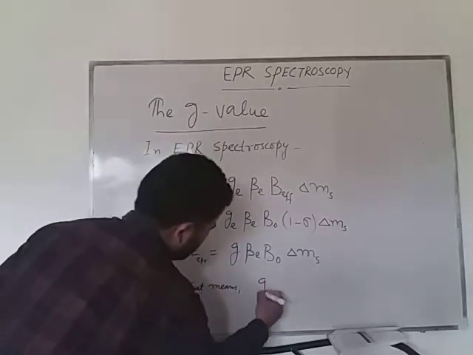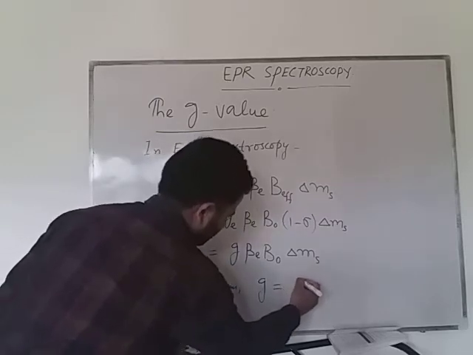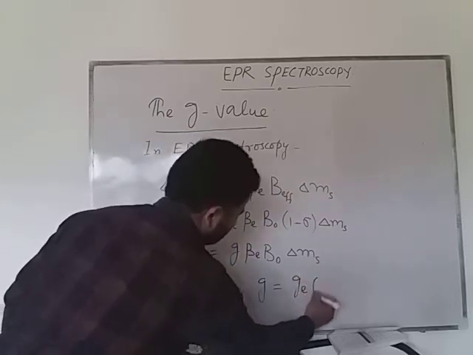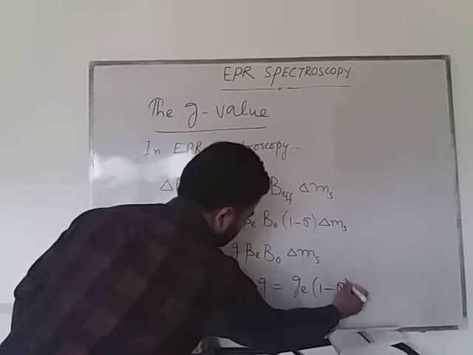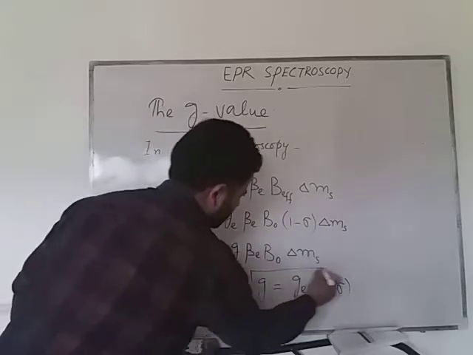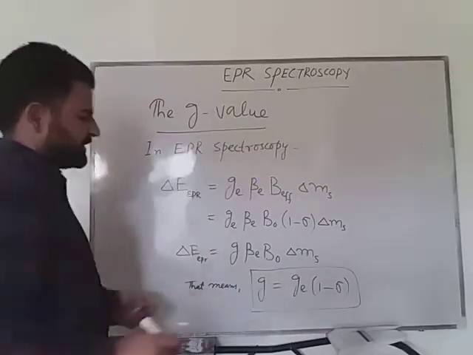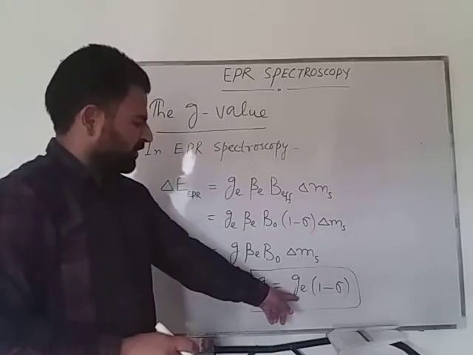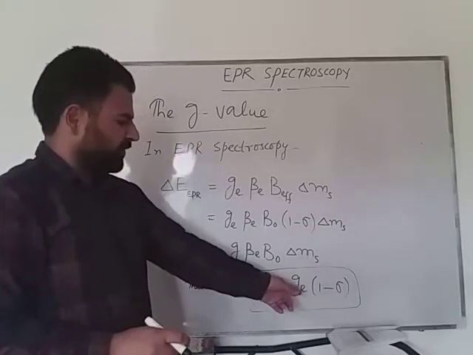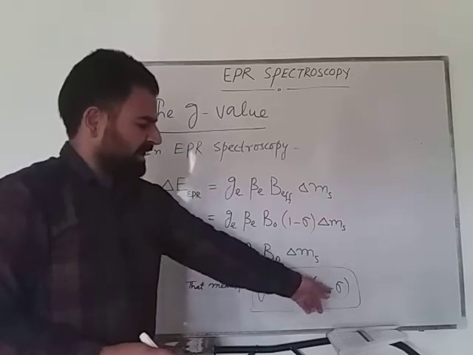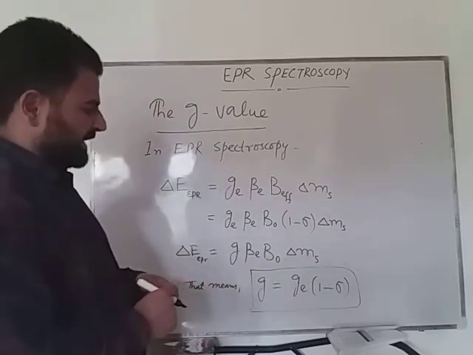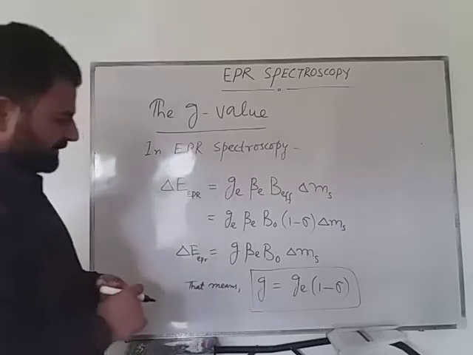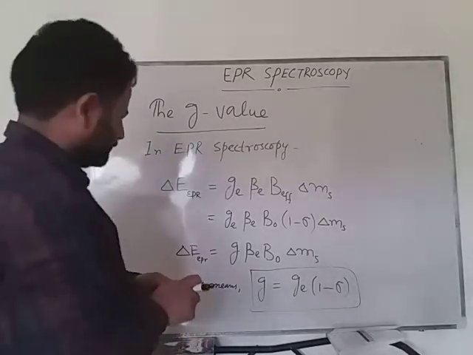That G is equal to Ge into 1 minus sigma. So the G factor which we actually use is the multiple of this G value for the free electron and 1 minus sigma, that is 1 minus the shielding factor.